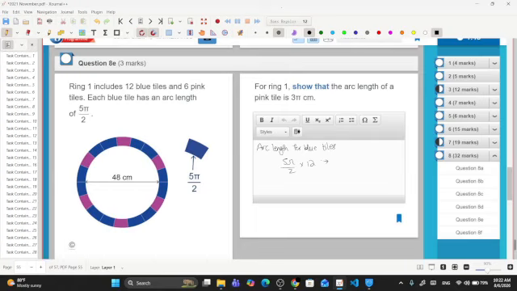If we do that, 5 pi over 2 multiplied by 12, I think 12 and 2 cancel out, so that gives us 6. So 5 pi times 6 becomes 30 pi. Agreed?